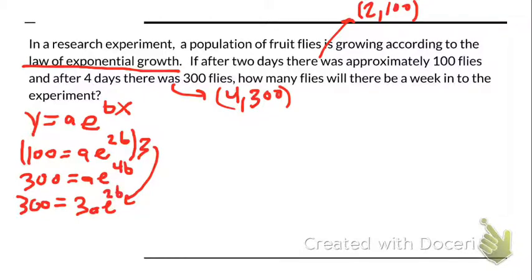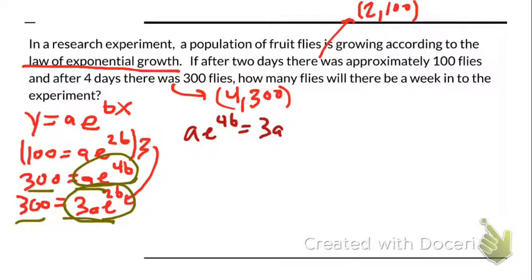Now since both of these equations equal 300, we could set these equal. So that's what we're going to do. We're going to set a times e to the 4b equal to 3a times e to the 2b power.